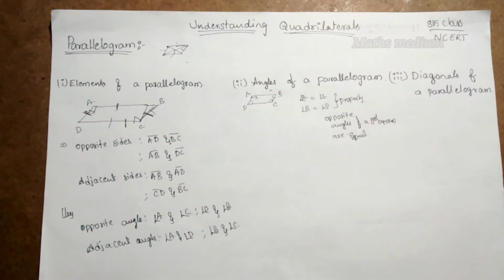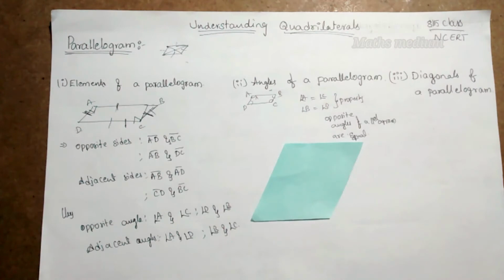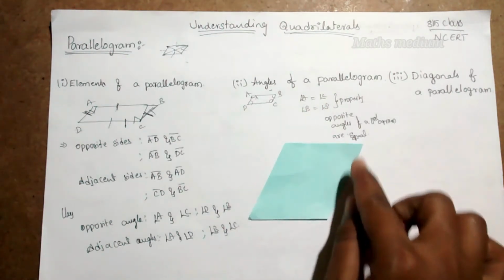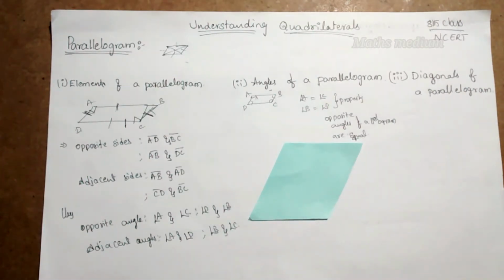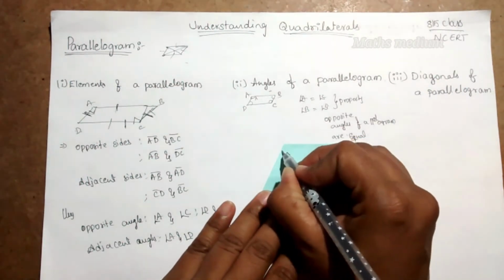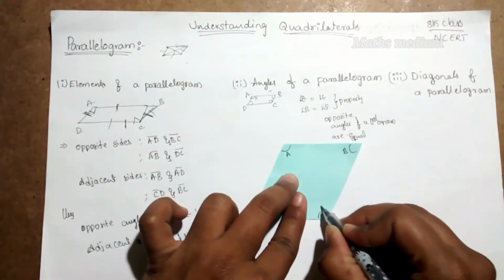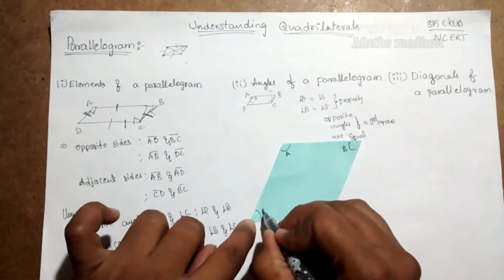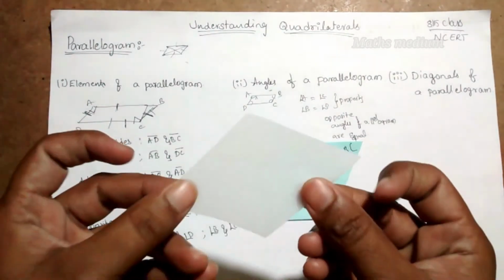Let's take a parallelogram made of small cardboard, without measuring any angles. Let it be angle A, B, C, D. Now take a trace paper similar to this.